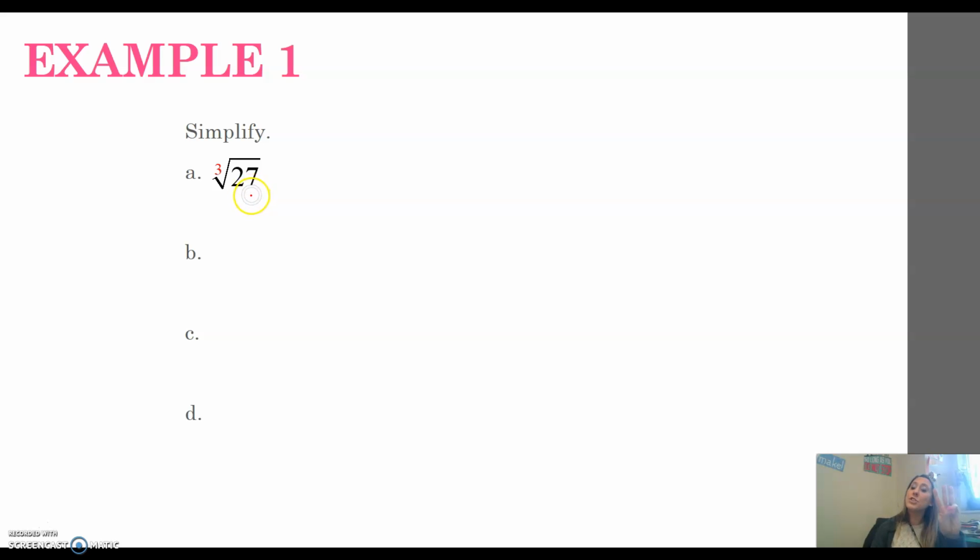So then we'll start with 3. 3 to the first power is 3. 3 to the second power, 9. 3 to the third power, 27. So then it has to be 3, because 3 to the third power is 27.